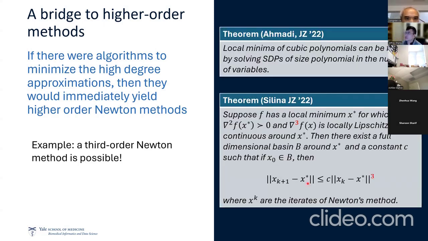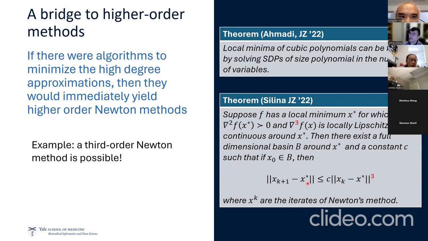For example, something that I did previously was show that finding local minima of cubic polynomials is a semi-definite program.